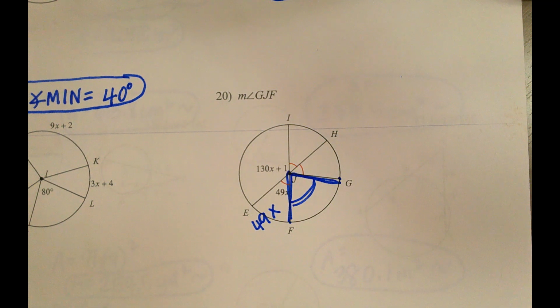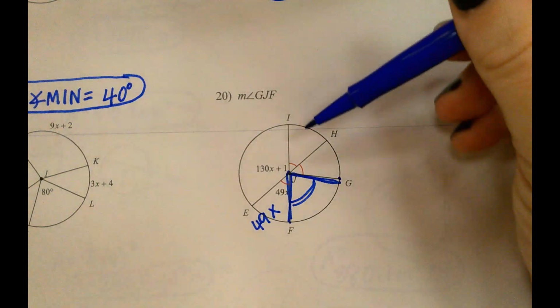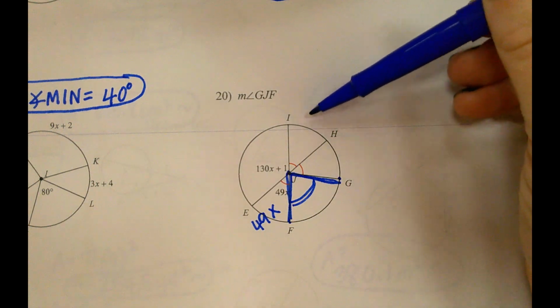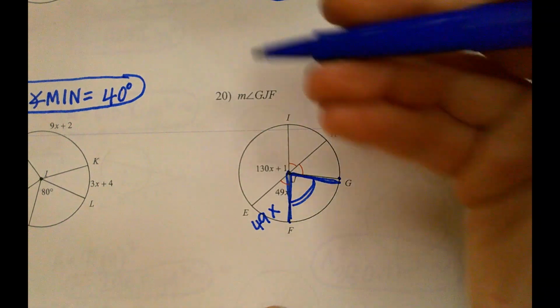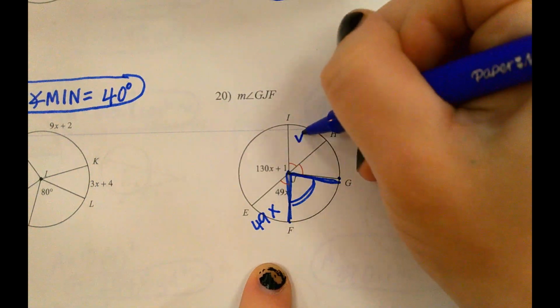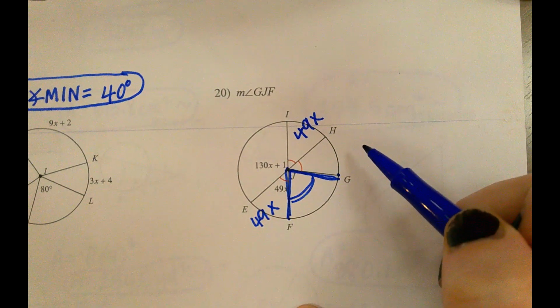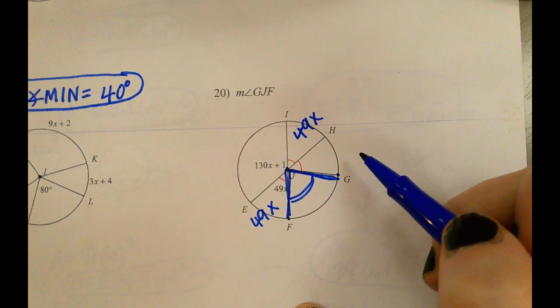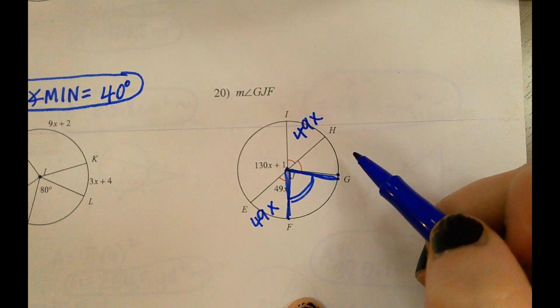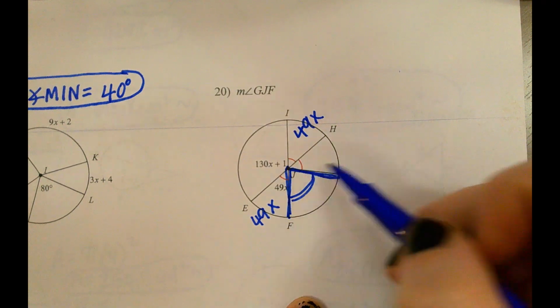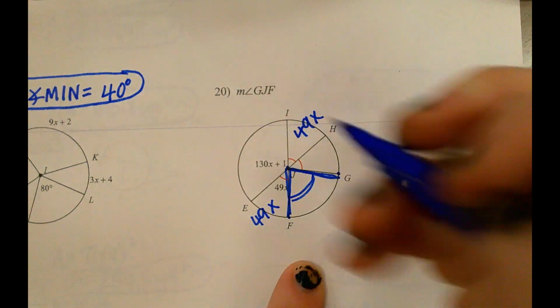What else do I know? IJH is also 49x. Yes, IJH is 49x. It's got an arc. Anything else? HGJ is also 49x? Yes.